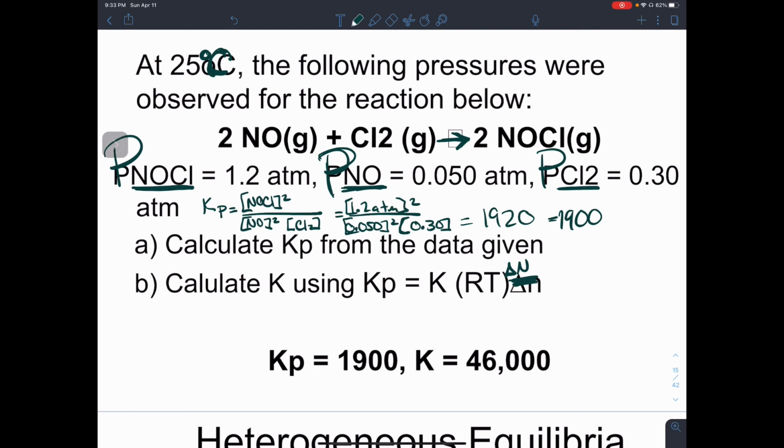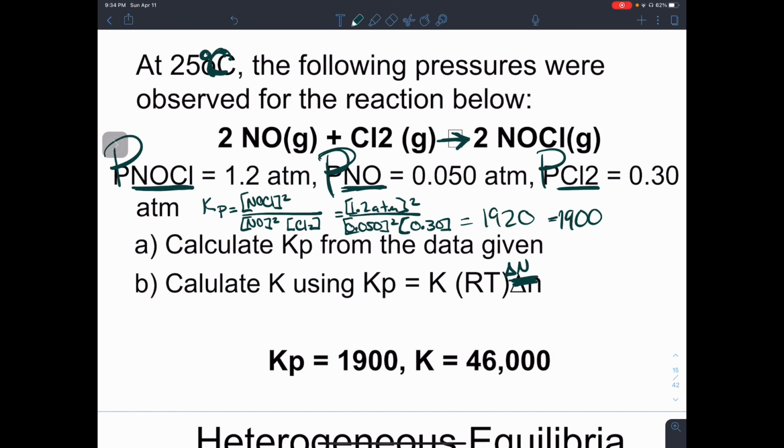So I have Kp. Now, K, the equilibrium constant, will be equal to Kp if the number of moles on the left and the right side of the reaction are the same. Are they? Well, we have 2 plus 1 on the left, so that's 3 total moles in a balanced equation, and then 2 on the right. So 3 on the left, 2 on the right, that is not the same. So delta N, we actually do have to consider at this time.